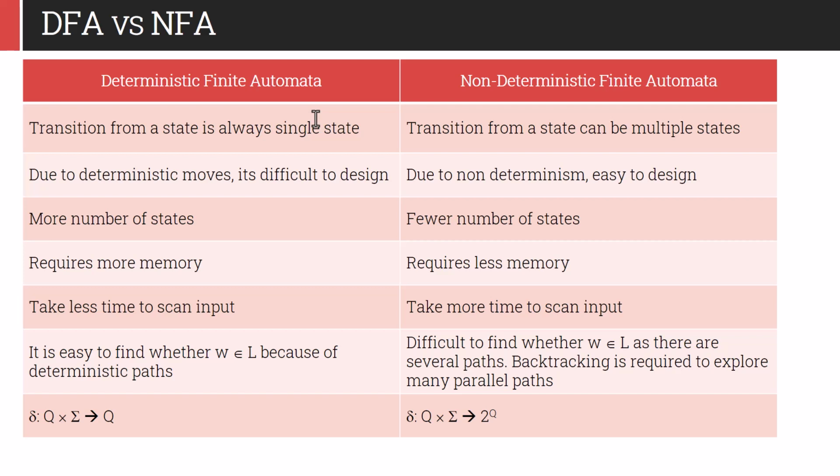We can move to 0 states, 1 state, 2 states, 3 states, up to n states. So 2 power n movements are possible in case of NFA. So that's all about the difference between DFA and NFA.